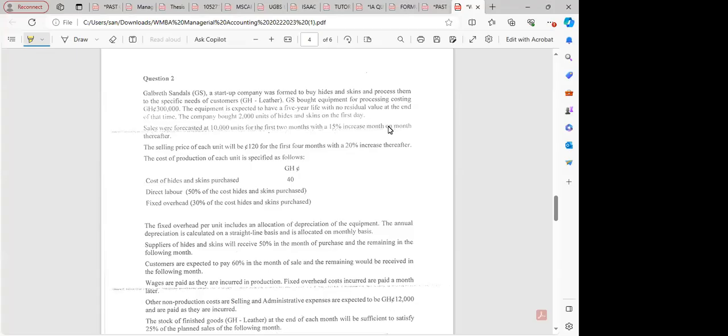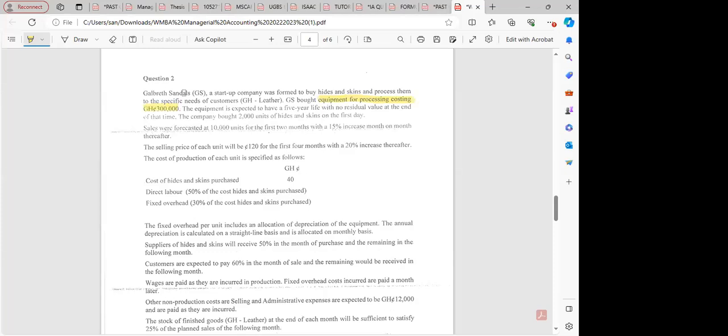GH Leather, S&G bought equipment for processing cost 300,000 Ghana cedis. So this element is important. Let me highlight it. It's cost of equipment. Cost of equipment becomes important, possibly for depreciation. I'll tell you, or you come back to it again.